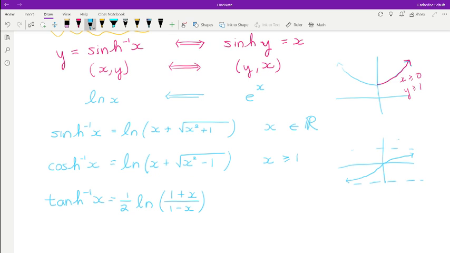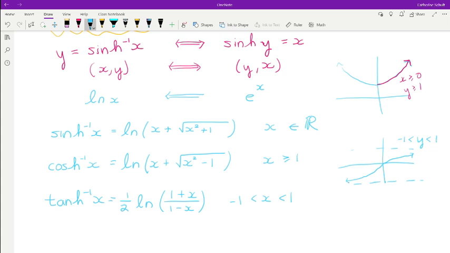So our range was this, strictly. So our range becomes our domain. That's how inverse functions work. All right, and then once we have these three, the other three hyperbolic functions are just the inverses of those. So if we have these three, we can easily figure out the other three.